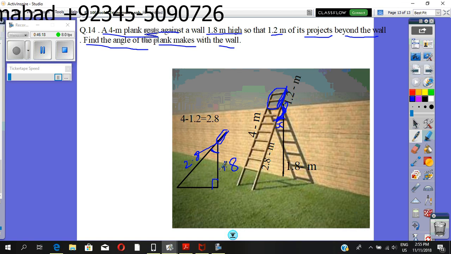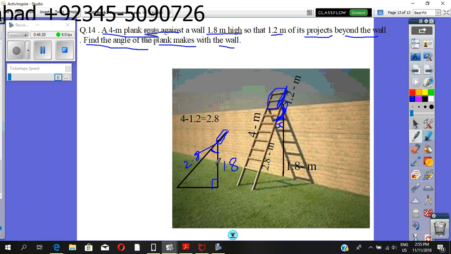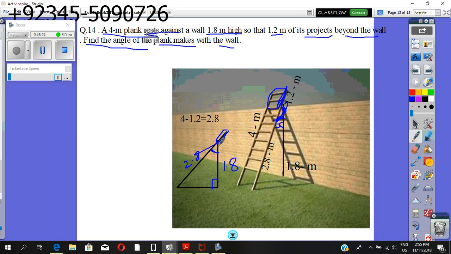Now we check it. We have two sides. One is the adjacent, and the other one is the hypotenuse.